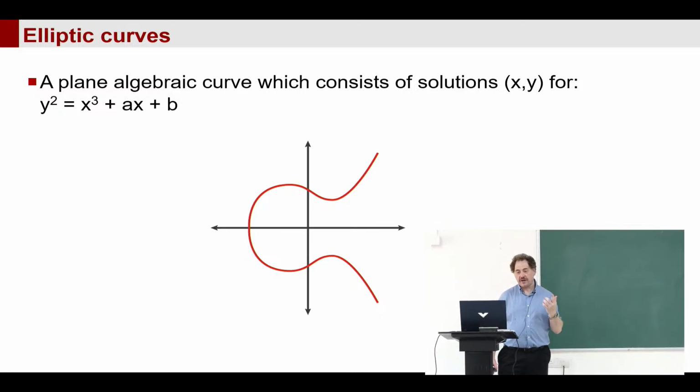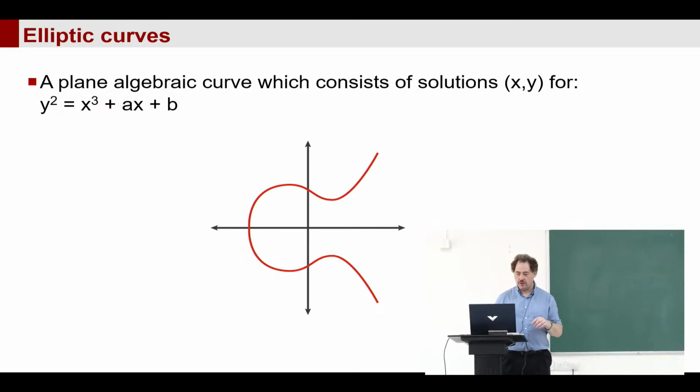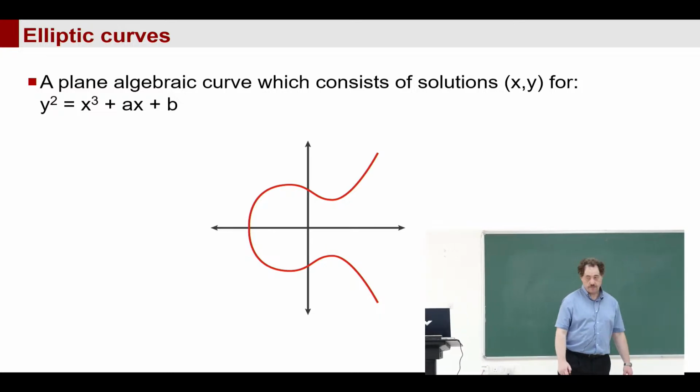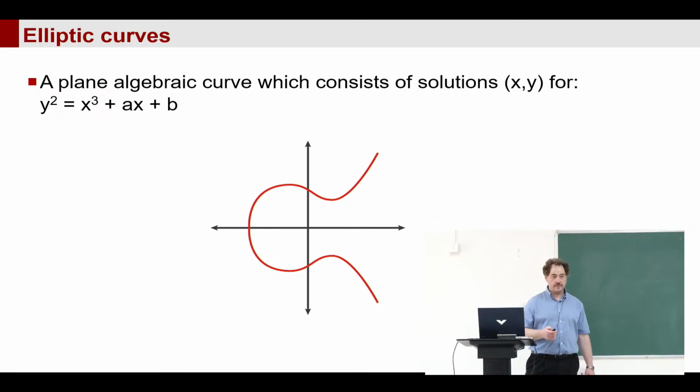It consists of all solutions, the x and y coordinates of the points, in which y squared is equal to x to the third plus ax plus b, where a and b are coefficients. So a typical elliptic curve looks like this. Of course, depending on the values of a and b, they would look different.